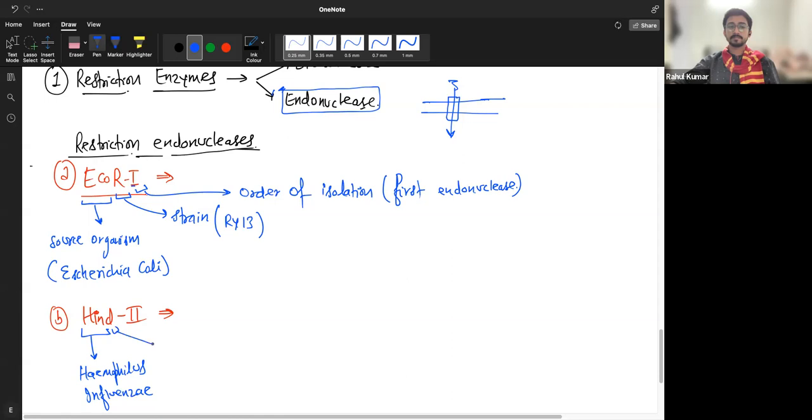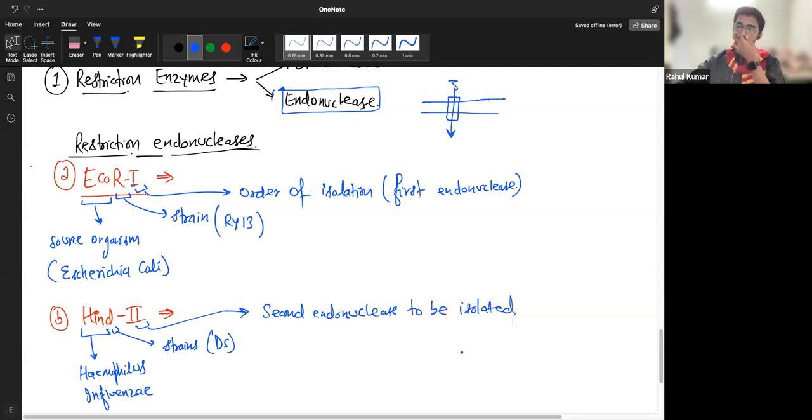D means the strain, and 2 means the second endonuclease to be isolated. There are Hind I and Hind III as well, but we use HindII mostly. Is it clear, everyone?